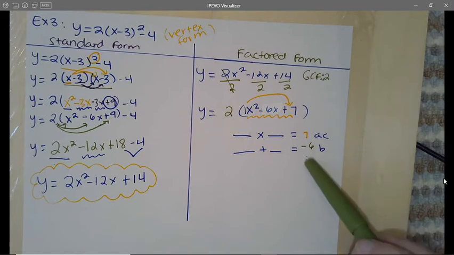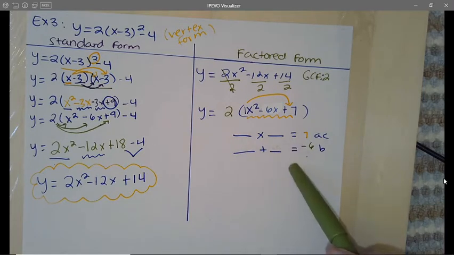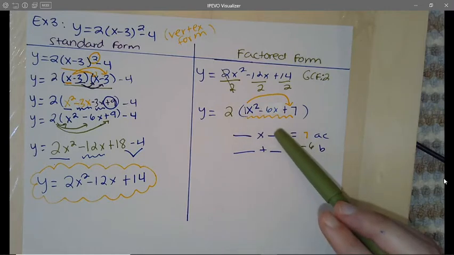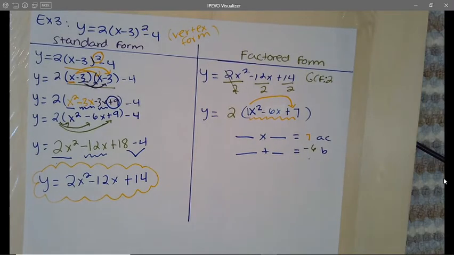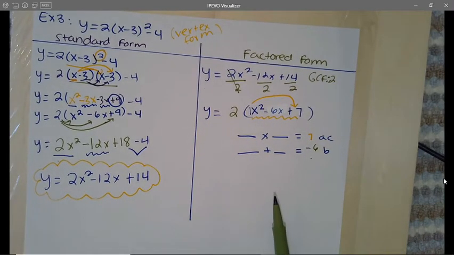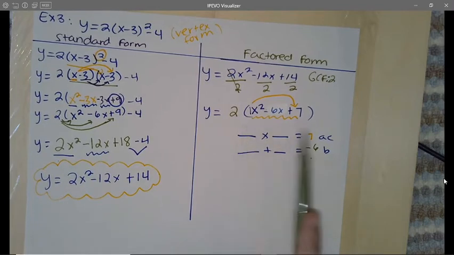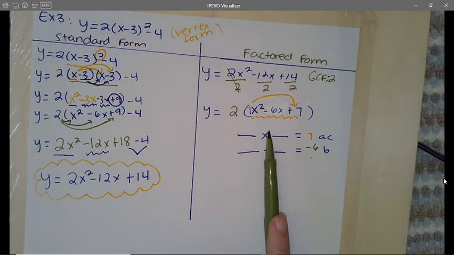The only way we could get that is if 7 was negative and 1 was positive. But then negative 7 times 1 is not positive 7, it's negative 7. So if you guys see here, I cannot factor using general factoring. It doesn't work. Okay, so since I cannot factor anymore, that means we have reached factored form.